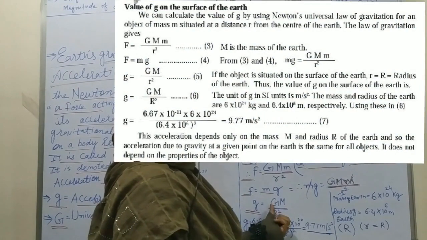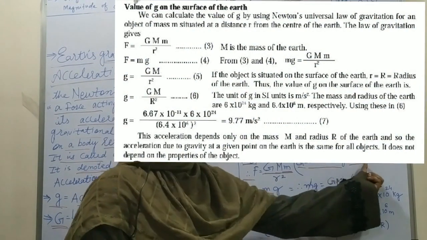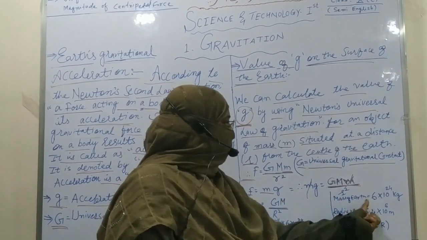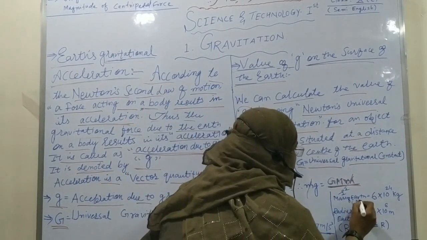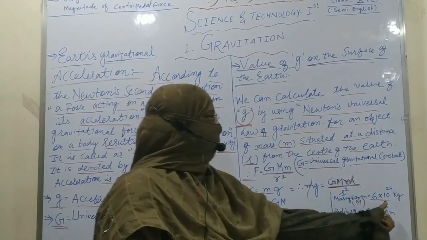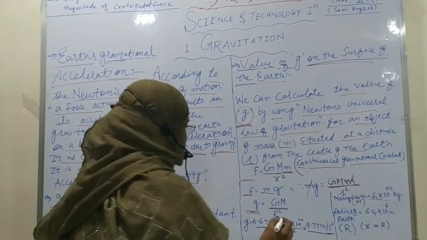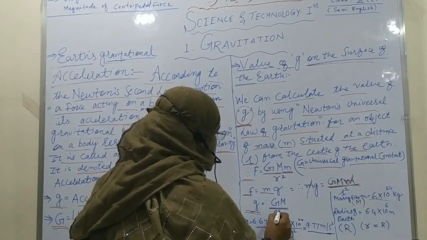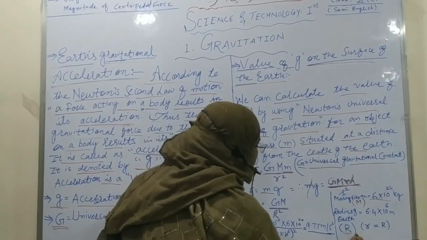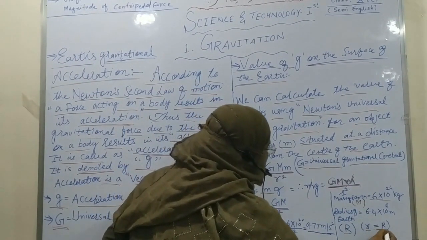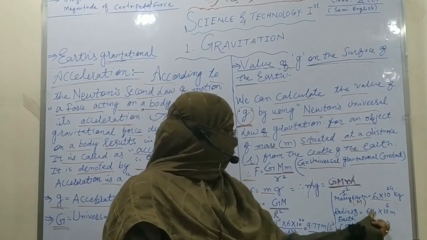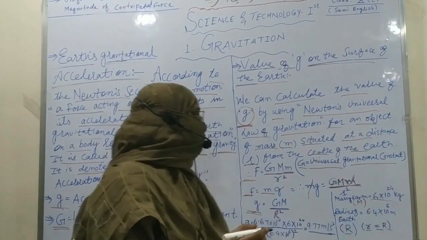We know G, the universal gravitational constant, and capital M is the mass of the earth. Its value is 6 into 10 raised to 24 kilogram. Next, capital R. What is capital R? It is the radius of the earth. Small r is equal to capital R, and the value is given as 6.4 into 10 raised to 6 meter.